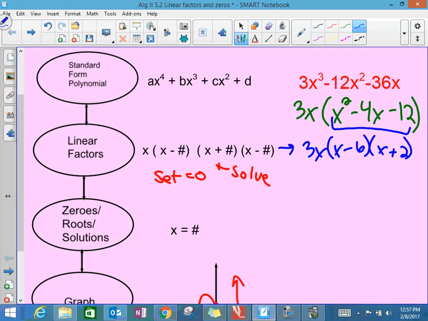Okay? Now, to go from factors down to the zeros, or the roots, we can set each one of these equal to 0 and solve. So again, same thing we did last chapter.